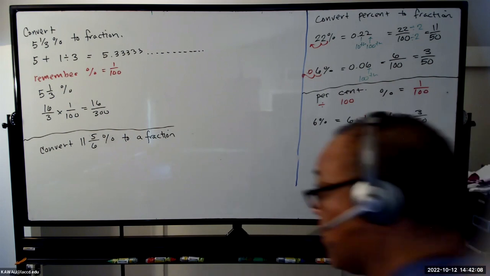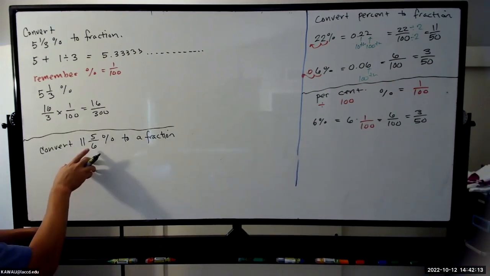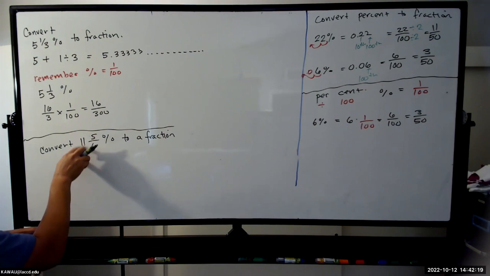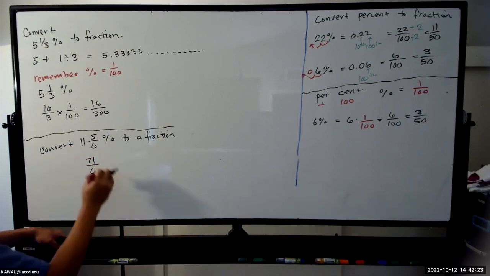See? So remember that we want to convert this to a mixed number. So we get 6 times 11 is 66 plus 5 is 71 over 6. And my percent is equal to 1 over 100.